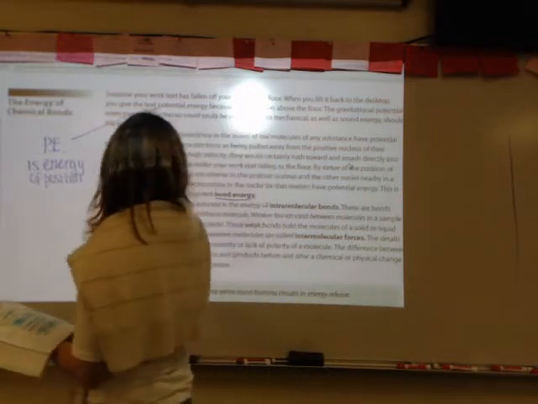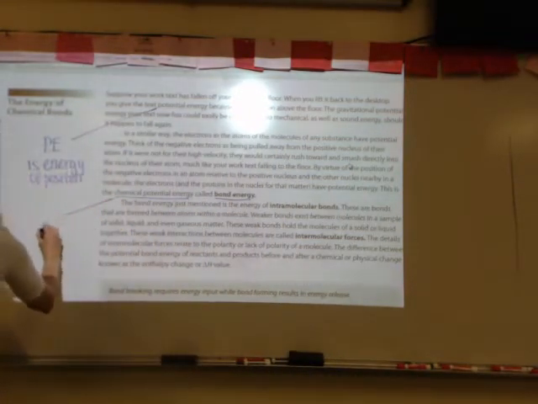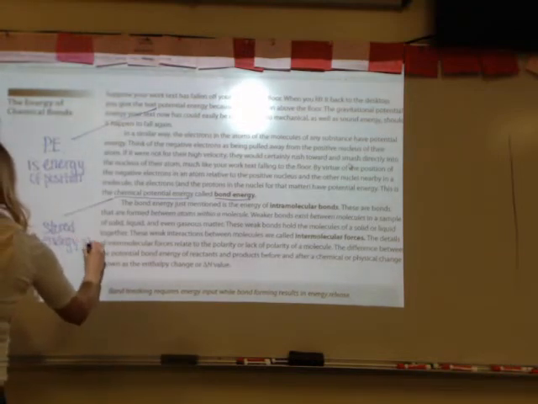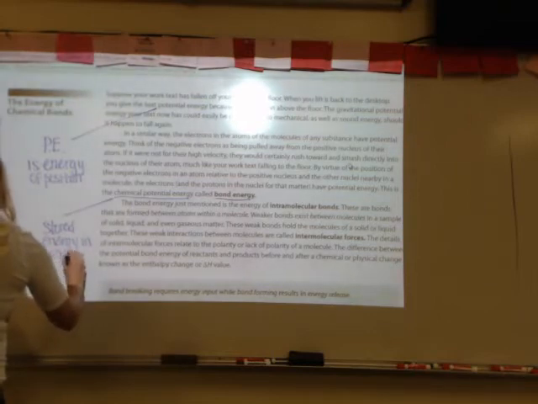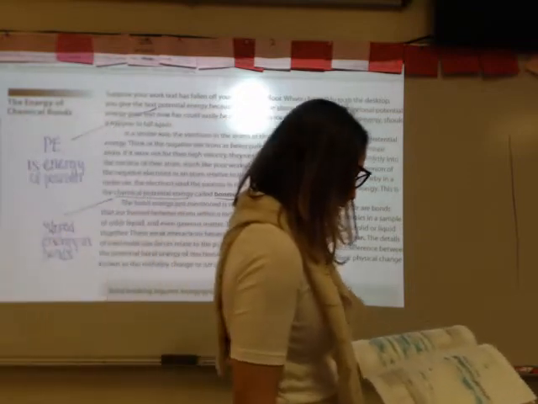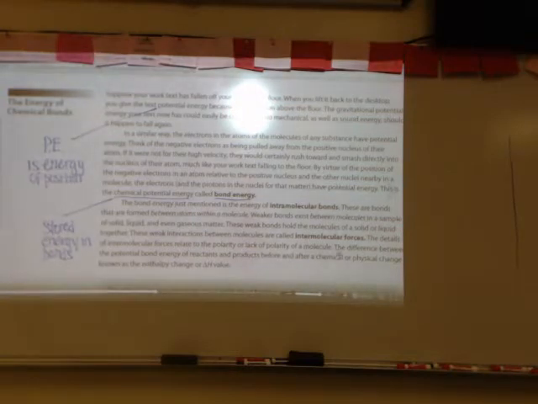So chemical potential energy or bond energy, this is stored energy in chemical bonds, okay? So we have the potential energy that has to do with position, and we have the potential energy that has to do with stored energy in bonds. And bond energy is the energy of intramolecular bonds. So intra means within molecules, and those are the bonds that are formed between atoms within a molecule.